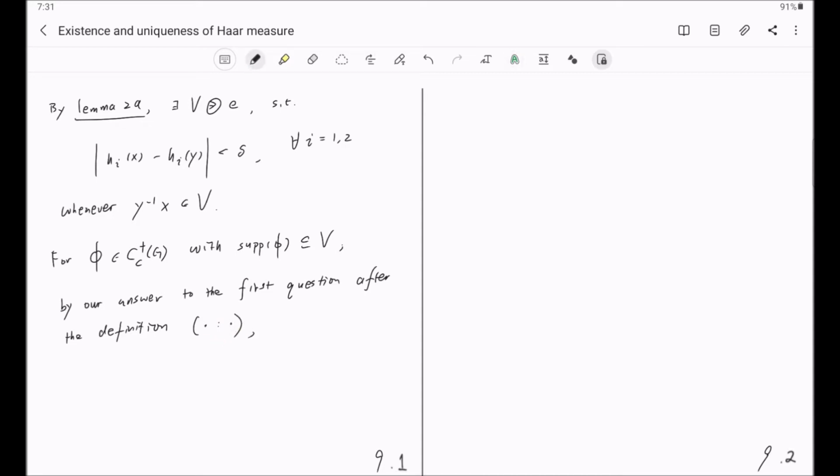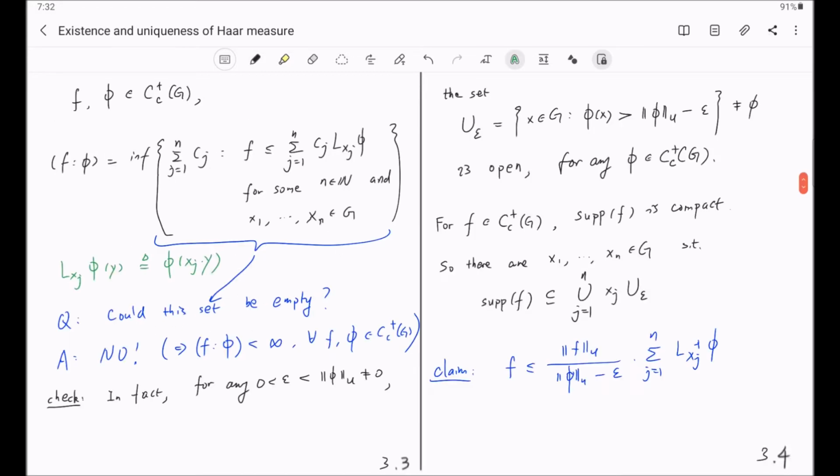Remember, in our answer to the first question, we explained why this set is non-empty whenever f and phi are in C_c plus of G. Actually here, phi must be in C_c plus of G, but f can be 0. Because when f is 0, this triplet holds for any positive c_j's.